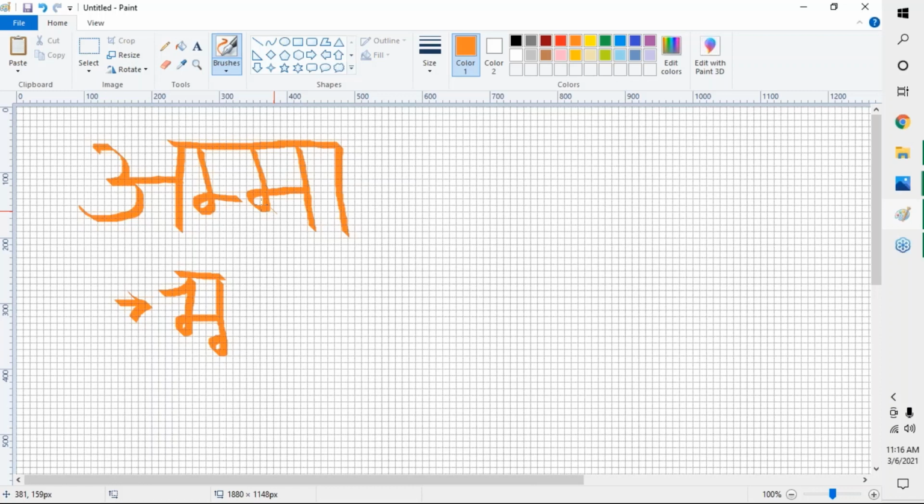I will repeat again: when there is a half letter in Sharda, we write that complete. That means Ma was there, Ma I will write complete. Now the letter following that half letter, we write below the alphabet. So always below.